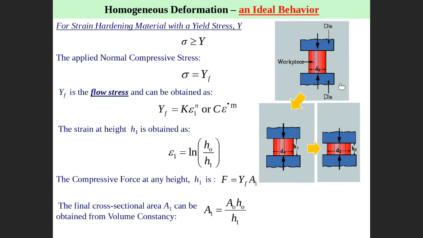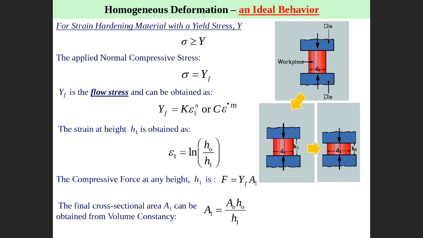So here you start with a low flow stress. When you reach a certain strain, the flow stress will be higher. If you do more strain, then the flow stress will be higher. So flow stress is different from case to case. Flow stress equals K epsilon^n or C epsilon dot^m. K epsilon^n is for cold working.